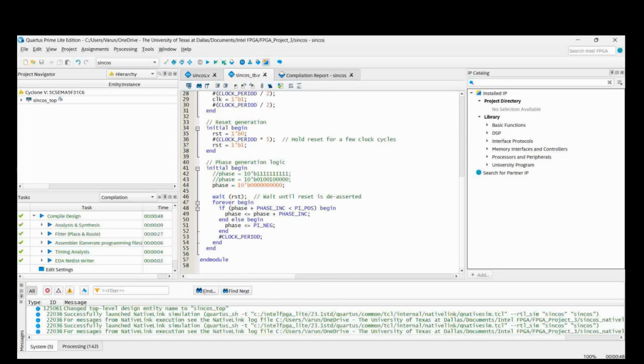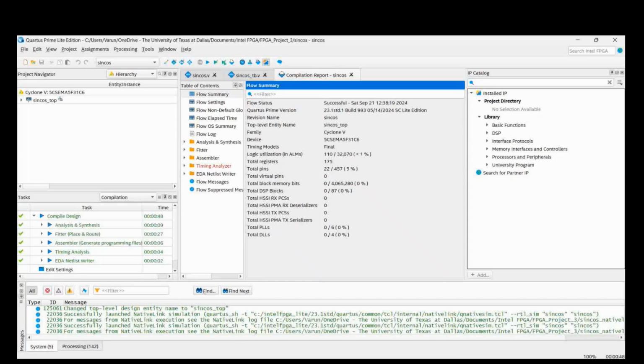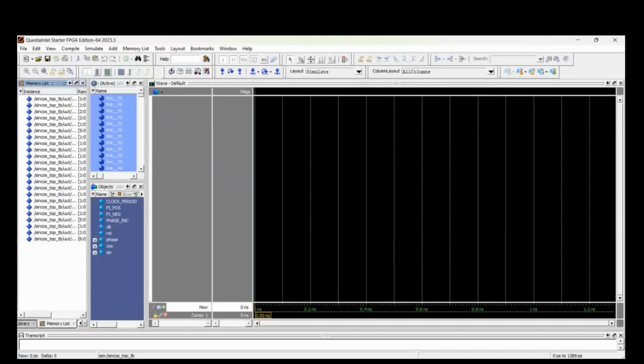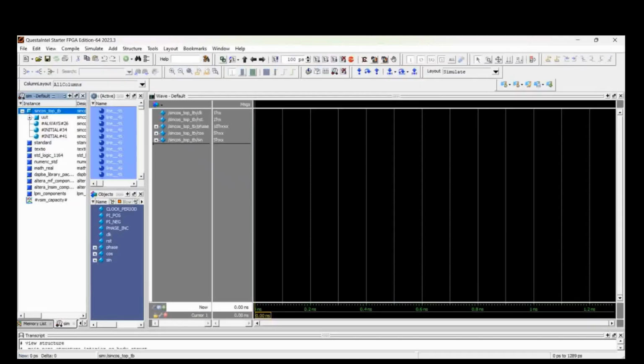Now let us run the simulation in Questa. It selects the input and output pins.